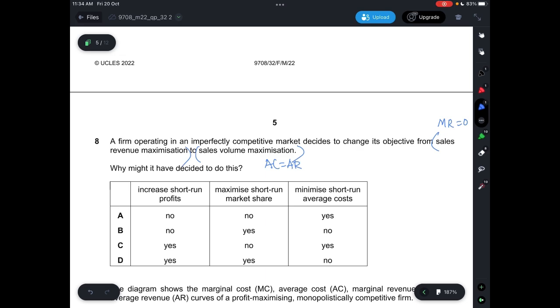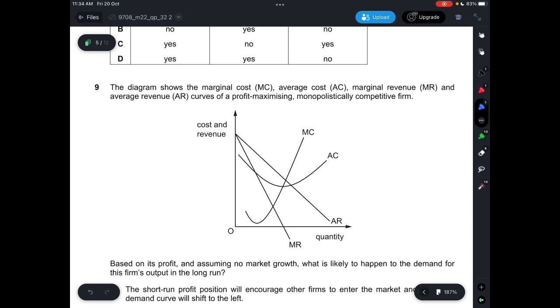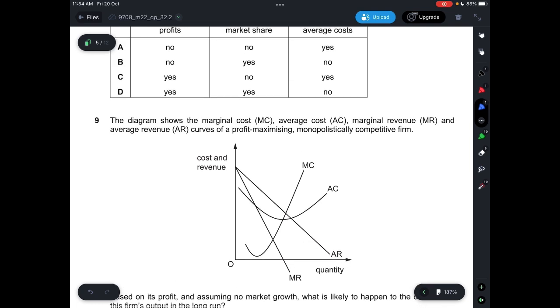Of course, if you were to do something like this, I think the graph on the bottom should be able to represent that. So you can see here, if let's say you're selling at a point where MR equals 0, it will be something like this. Okay, and then your AC will be here. So you'll still be able to make a profit, but not that much compared to profit maximization at MC equals to MR. But if you were to produce at AC equals to AR, then you'll be making a normal profit.